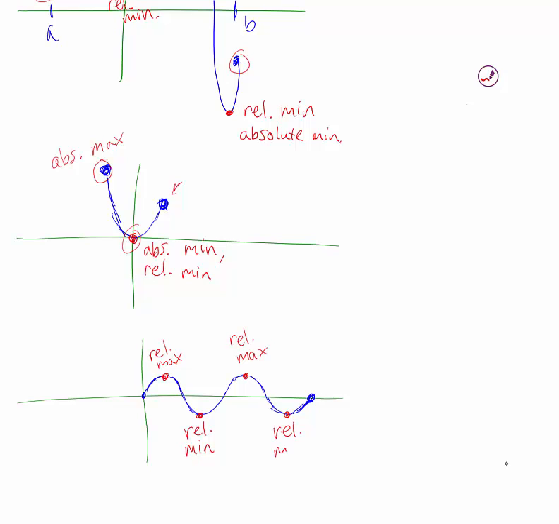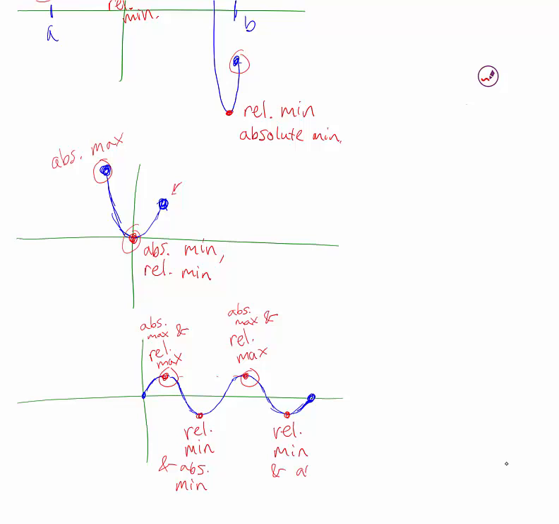Now you might be tempted to say there's no absolute maximum and no absolute minimum, because no point's higher than everything else, but it just has to be the highest point. So actually both of these, since they're at the same value, are absolute maximums. So you can have more than one absolute maximum if they're both the same value. And similarly, on the bottom, both of these would be absolute minimums.